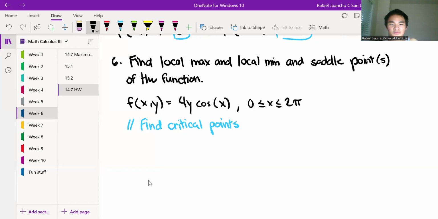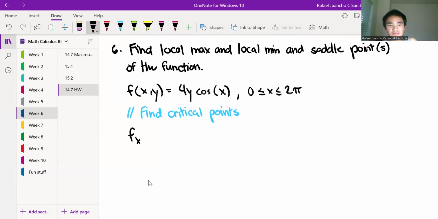So get their partials. F sub x is, well, we leave 4y as is, because that's a number. My cosine, however, I have to differentiate, and that's a negative. It's actually negative 4y sine of x, right?